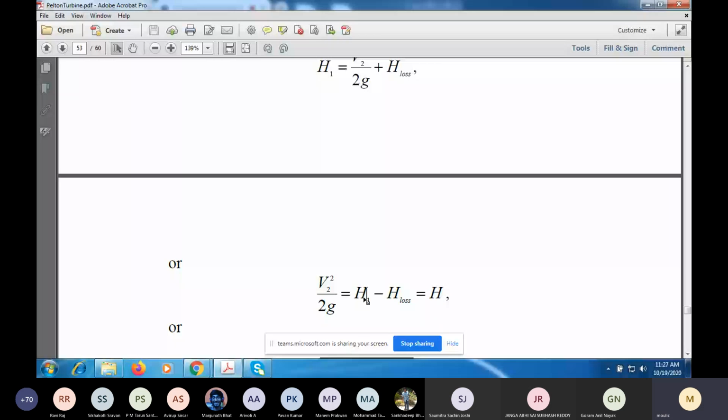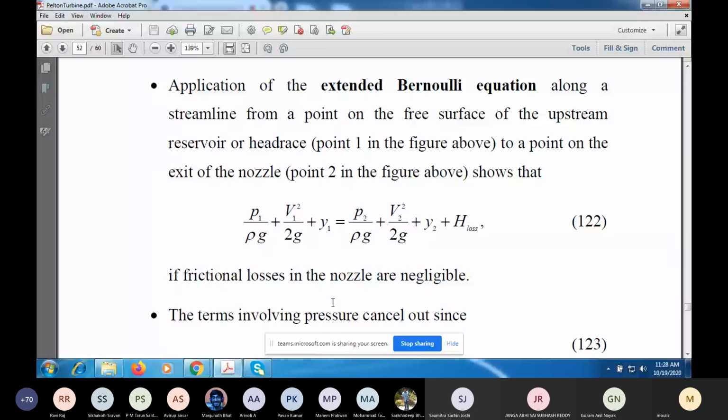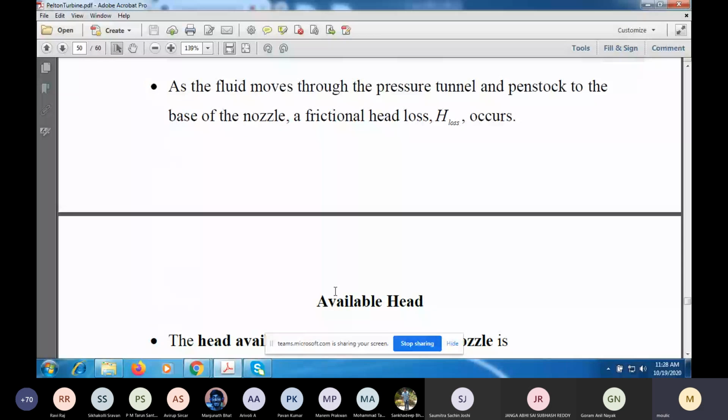And from that, if you subtract the head loss in the pipeline, then you get the available head, which is V2 square by 2G, where V2 is the jet velocity at section 2. That is at this section. Okay, so V2 is Vj.